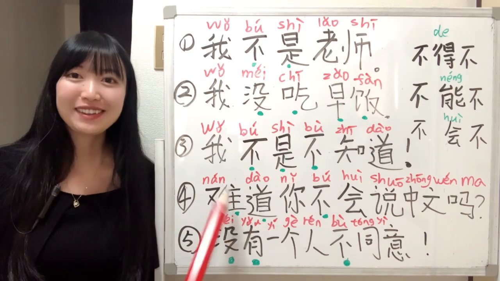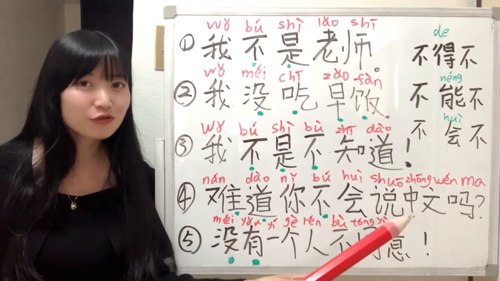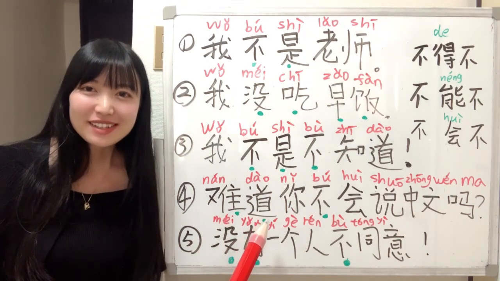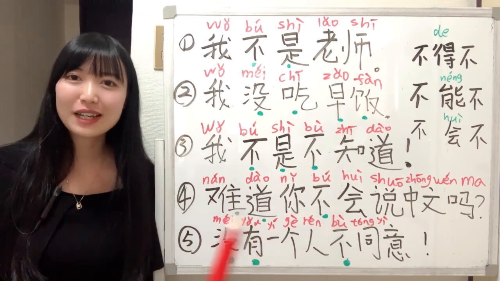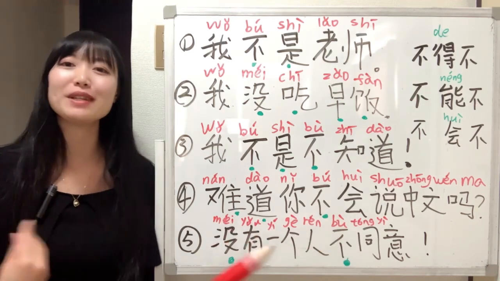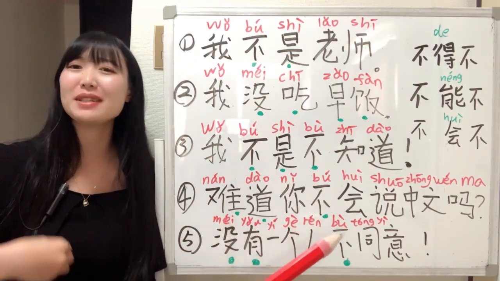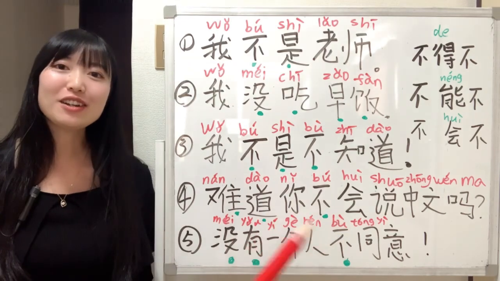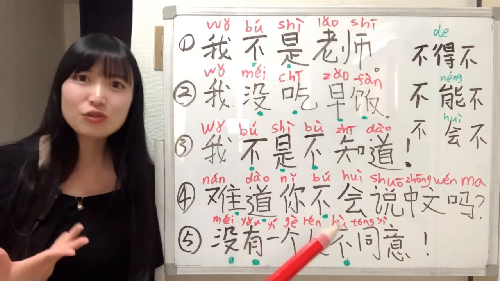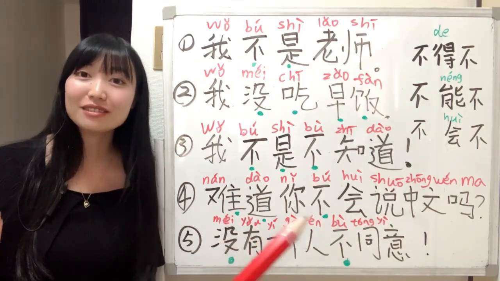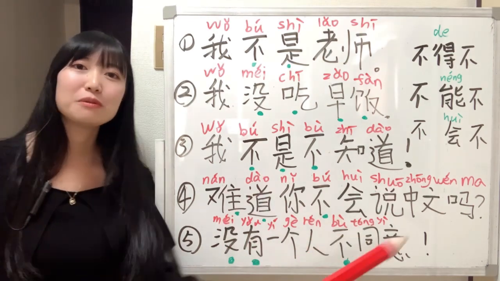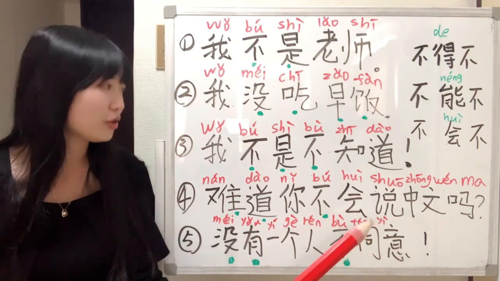For example, 难道你不会说中文吗？难道 means could it be said that? 难道你不会 means can't you? 难道你不会说中文吗？说中文 speak Chinese. Can't you speak Chinese? 难道你不会说中文吗？So 难道不吗？It's a rhetorical question.